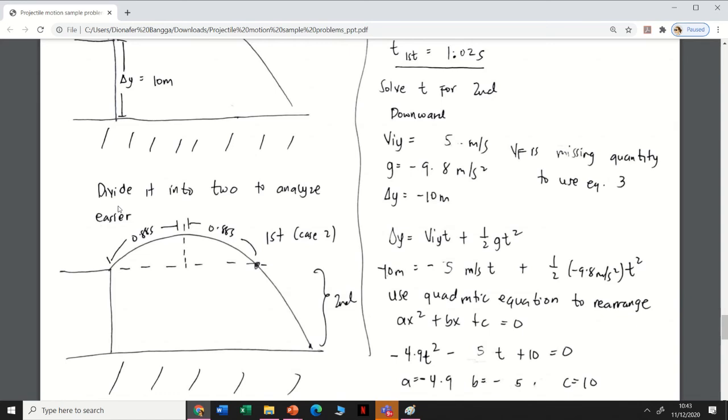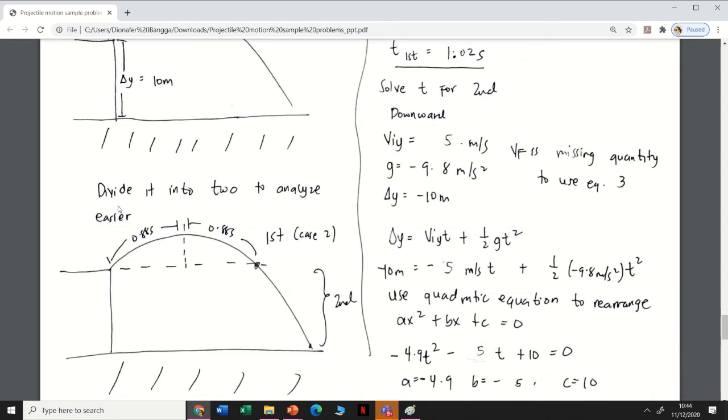So with that, we need to use the third equation, which is delta y equals v_iy t plus 1/2 g t squared. Now, in here I did not derive the working equation because as you can see, it would not be possible for us to combine t squared and t together because they are of different degrees.